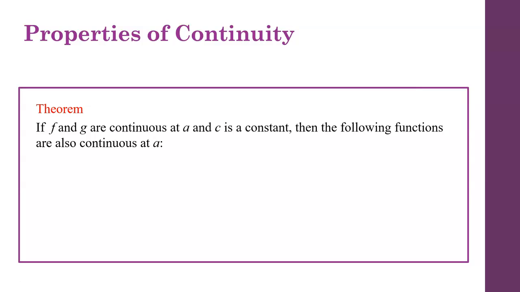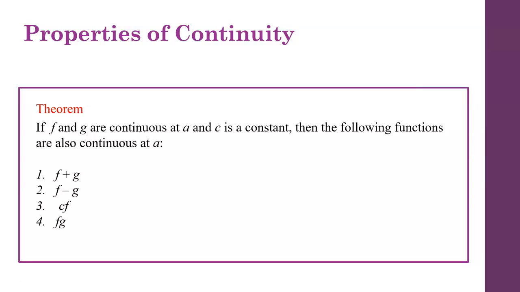So some properties of functions that are continuous. If I have two functions, f and g, that are both continuous at an x value a, and I add the two functions, the result will be continuous. If I subtract the two functions, the result is still continuous. If I take the function multiplied by a constant, the result will still be continuous.